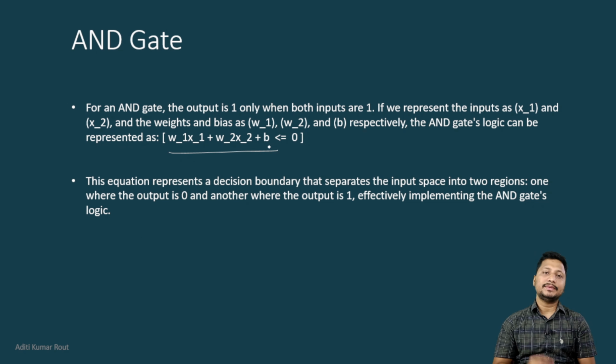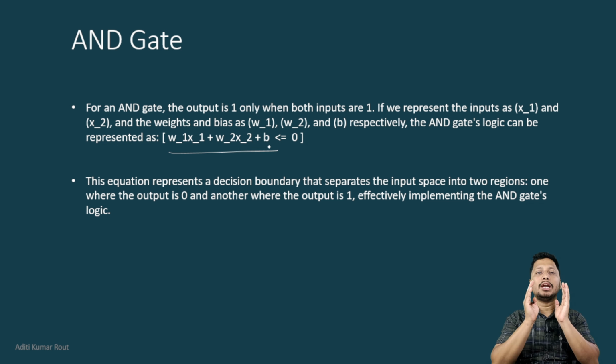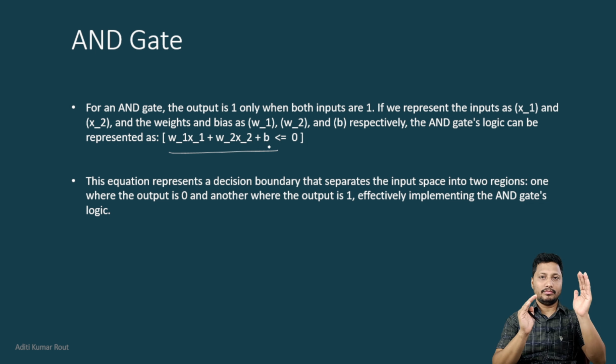This represents the decision boundary, the boundary which can separate these two groups, two classes, because our output is either 0 or 1, high or low from a signal point of view.